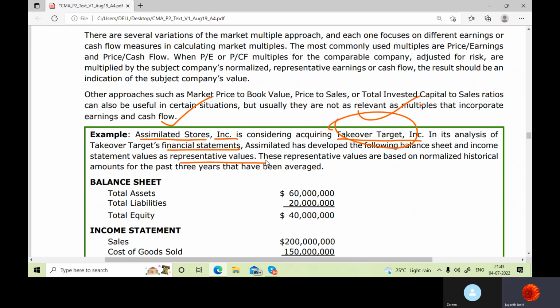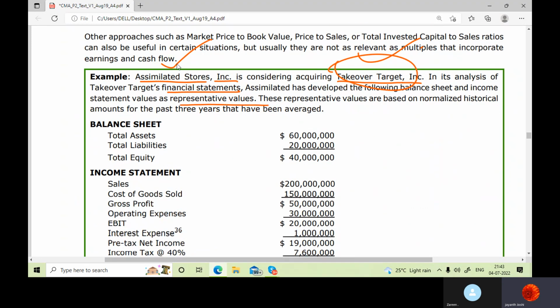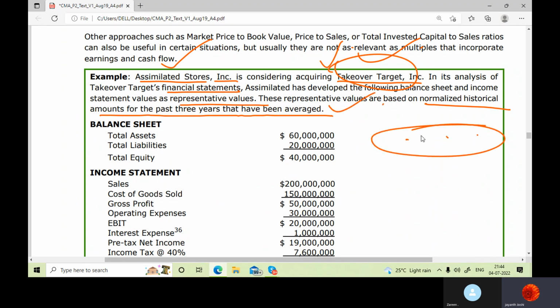And they have developed the following balance sheet and income statement values which are representing the values for this Takeover Target. The representative values are based on normalized historical amounts of the past 3 years that have been averaged. So they took 3 years' figures and made an average of that, and they have got these values.